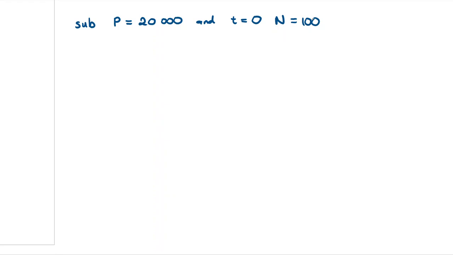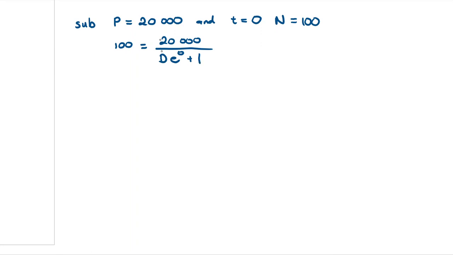So if we sub those into the equation that we have, we would get number of rabbits is 100. The population is 20,000 over D, we don't know, e to the power of all those letters, but T is 0. So it doesn't actually matter what all the other letters are. That would be 0 up there plus 1. So this is going to let me work out what D is equal to, because all the other letters have disappeared temporarily.